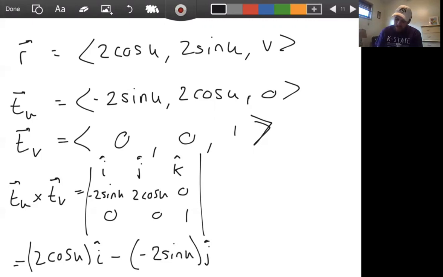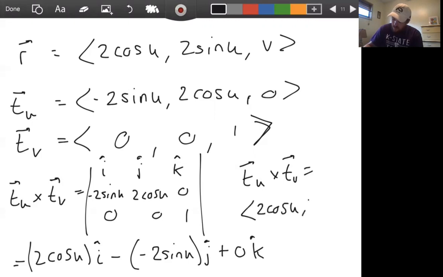And then the k hat component will be 0. So t_u cross t_v is the vector (2 cosine u, 2 sine u, 0).